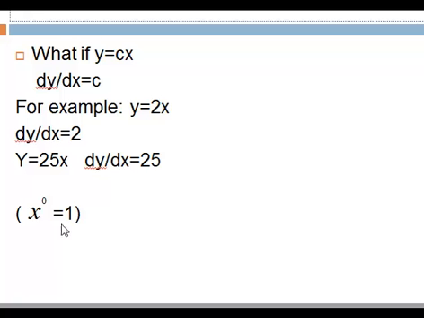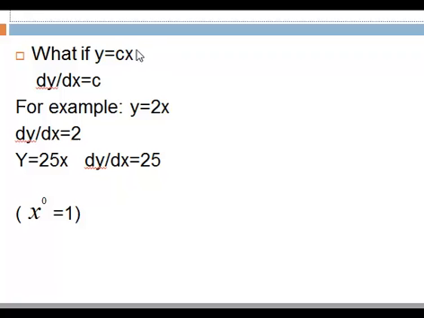Here we use a piece of math knowledge, that x raised to the power of 0 is 1. Let's say y equals cx. Here the power n is 1. So the derivative of y will be c times the power 1, then times x raised to the power of n minus 1.